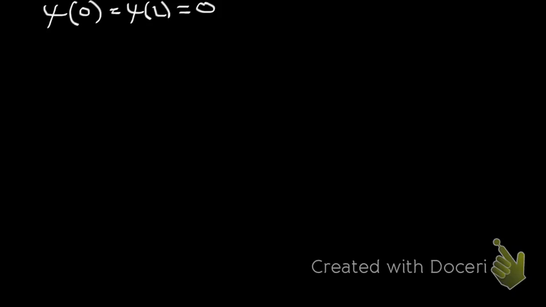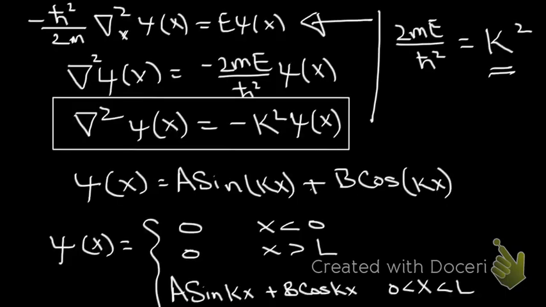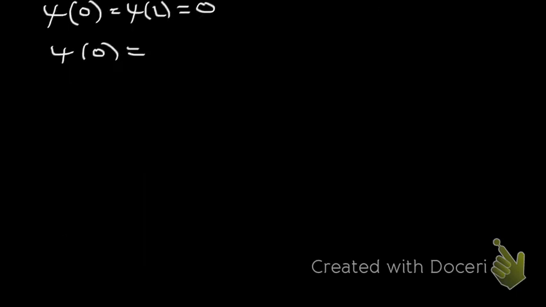Let me actually put the values in the solution. So psi of 0 will be, if you go back here, our psi of x inside the well is a periodic combination of sine and cosine functions. So we can write it as a times sine of 0 plus b times cosine of 0.